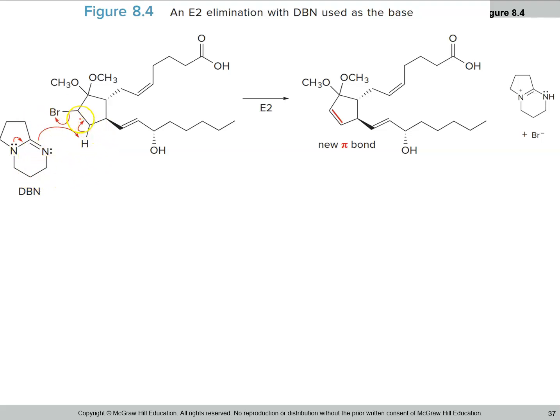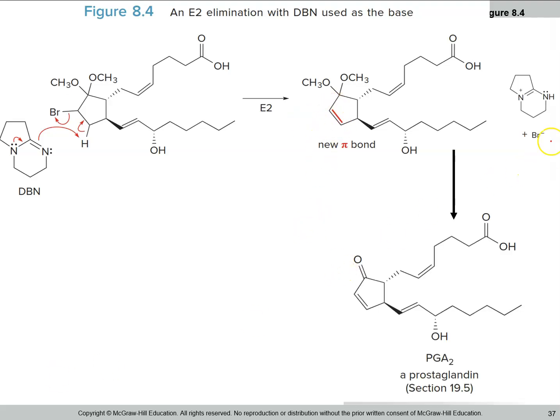It's hard to get to this carbon, for example, to pop that bromine off and add on. So instead, it has access to this proton, and that's what it does, forms a double bond. The next step of this reaction is not necessarily important with regard to the elimination, but it's just the first part of that process for creating a prostaglandin compound.